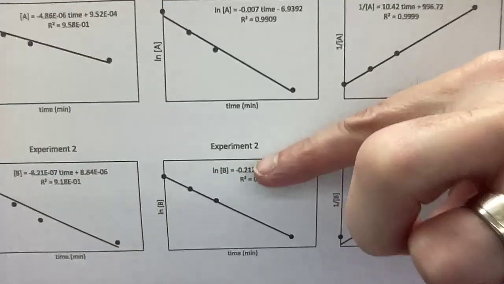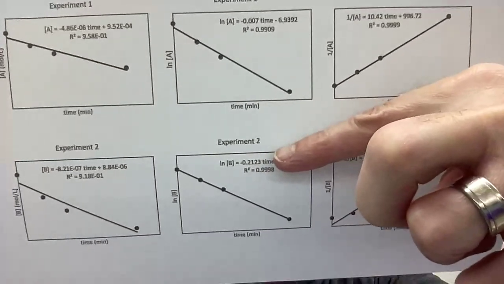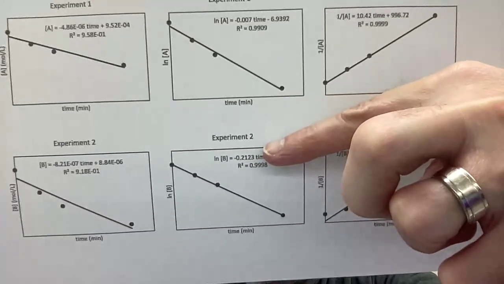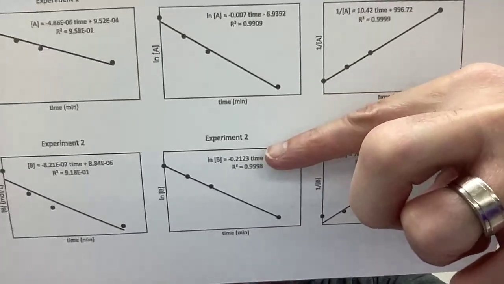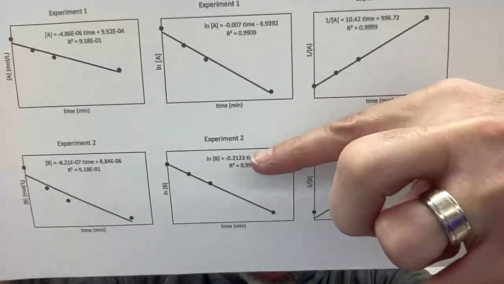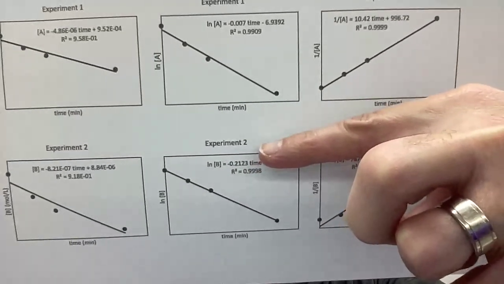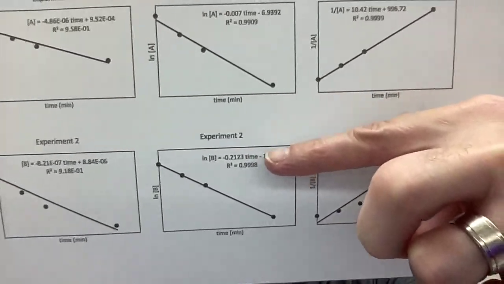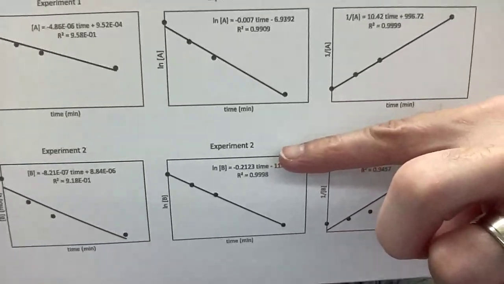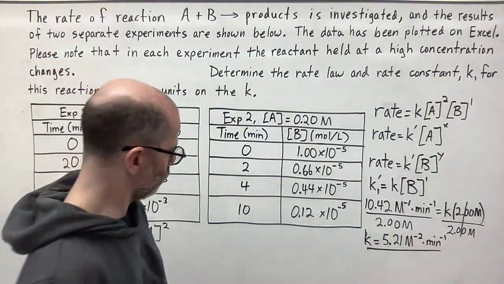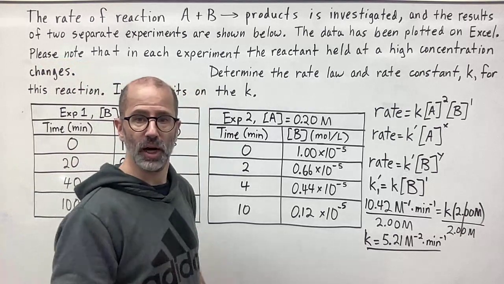And here the slope of the line for the first order reaction is negative K. So here we have a negative number, so K will be the positive of that. So K is 0.2123.